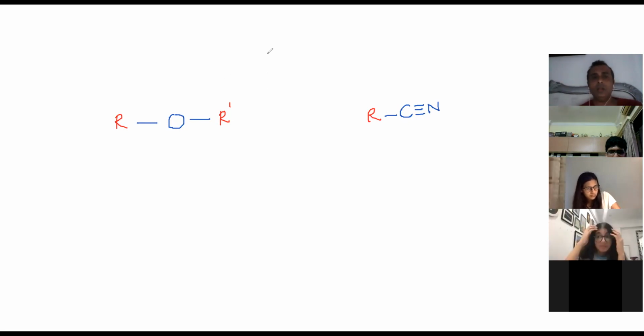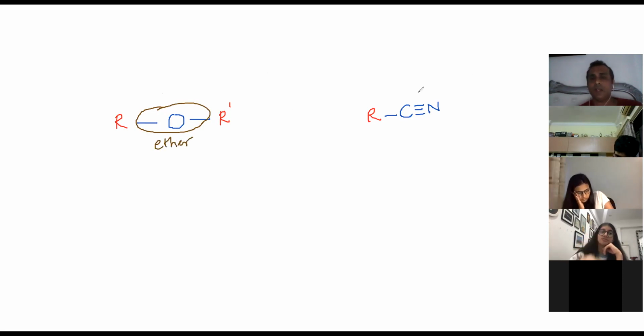Okay, so here the functional group is known as ether only, and this is the functional group which is the cyano group.